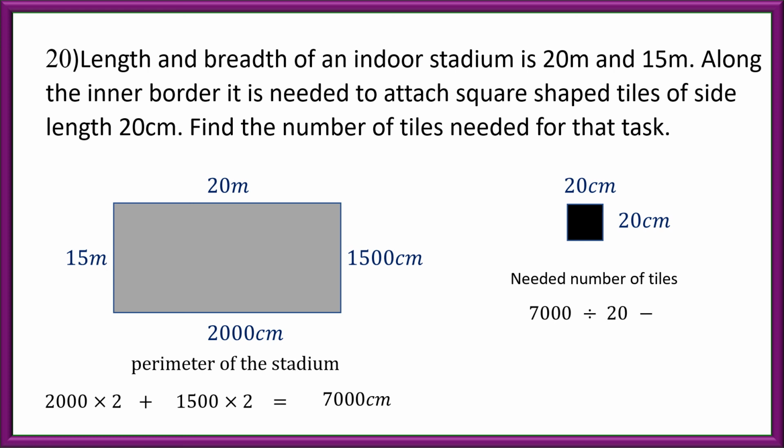Here, carefully observe the squares in the 4 corners. We count them twice. Therefore, subtract 4 from the previous answer. Previous answer, that is 350, subtract 4 from that answer. Then the final answer should be 346 tiles.